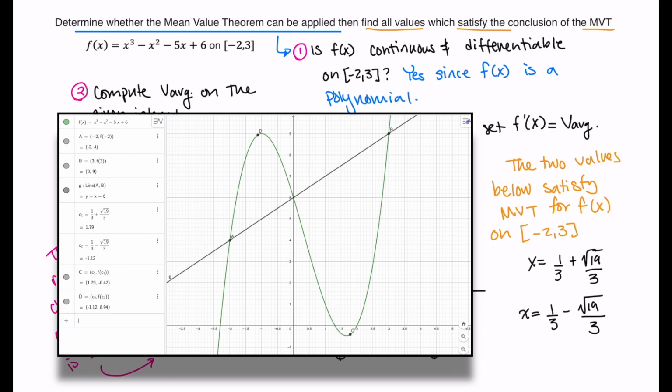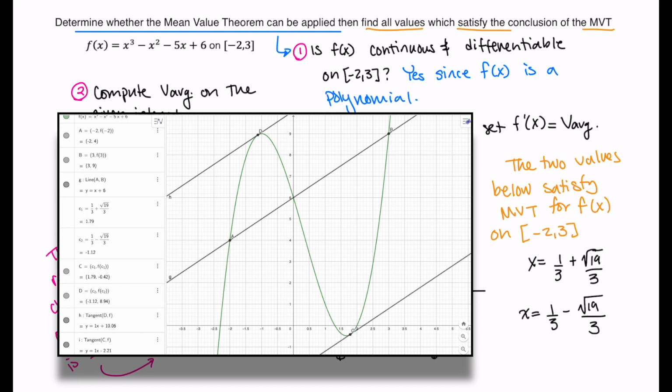There's that other point. And GeoGebra has this cool thing it can do. If I go here to this line menu, I can find tangent. So I'm going to select that, select the point here. And there it is. There's one tangent line, has a slope of 1. And I'm going to do the same thing for the other value we found. And there, this one also has a slope of 1.